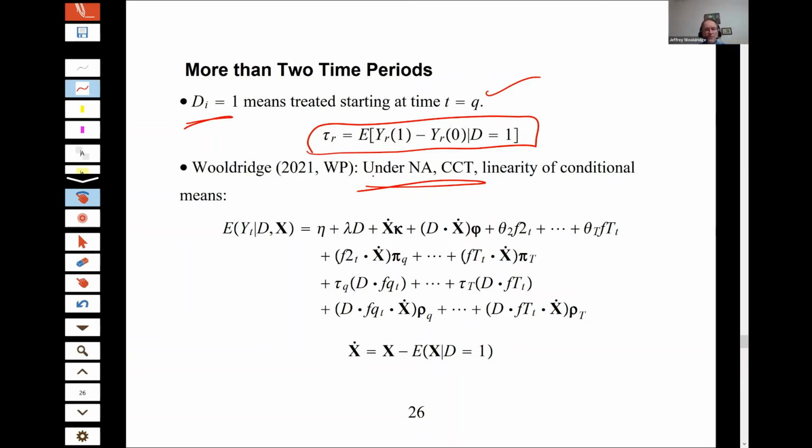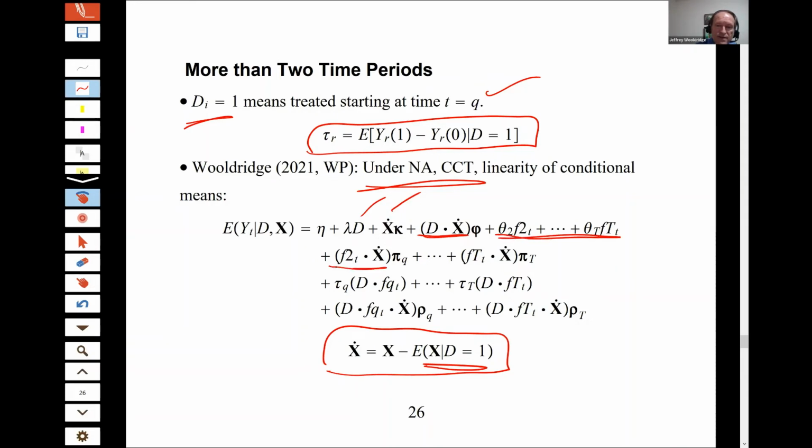is you can write down this equation, which is an extension of the model with interactions that I showed you previously. So the X's have been demeaned from the average in the treated subpopulation. If you look at this, you'll see that we're controlling for D, we're controlling for the X's, we're controlling for the time effects, we're controlling for interactions with everything. And then when we get down here, these are the coefficients that we're interested in.